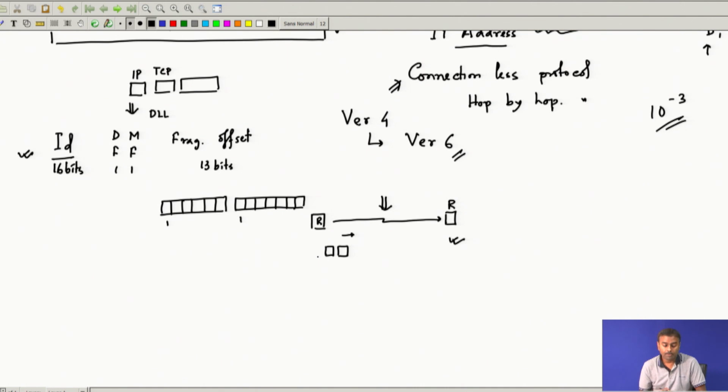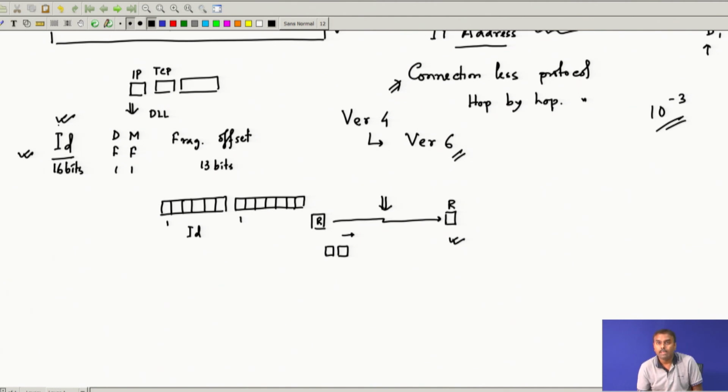Therefore, first I need to have an ID of which packet I am fragmenting. Every packet that you fragment has a unique ID, which will be given here with 16 bits. This 16 bit field provides a unique ID for a particular packet which will be fragmented. So, this is something you will always be doing: you provide an identification number for that particular packet.